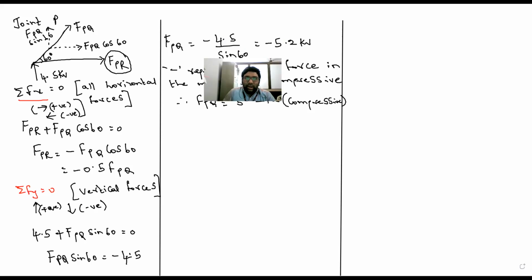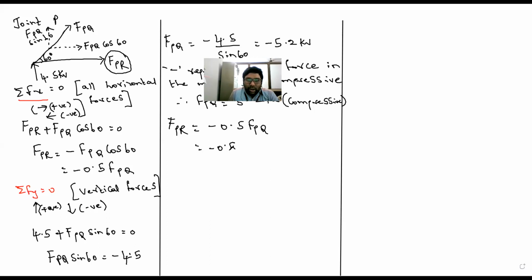Next, what do we need? We need to go to another joint. But one more thing here. Once we got FPQ, we need to calculate FPR. What is FPR? FPR is equal to minus 0.5 FPQ.